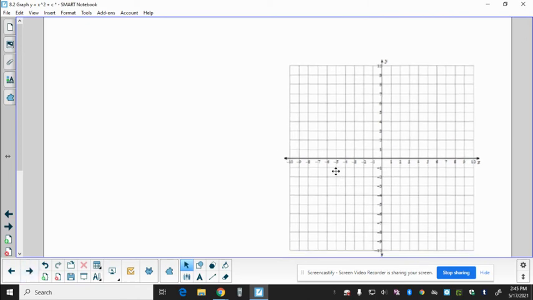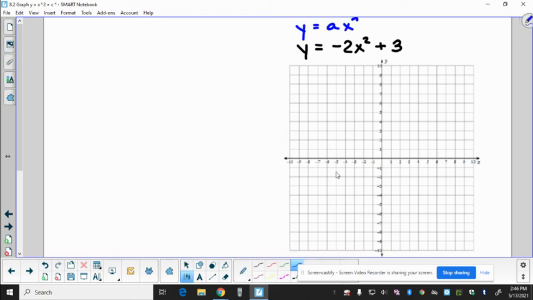You could probably tell that by looking at the equation. Okay, let's try another one. All right, let's try that. Okay, now once again, in this formula, you'll notice that plus 3 is actually c, isn't it?